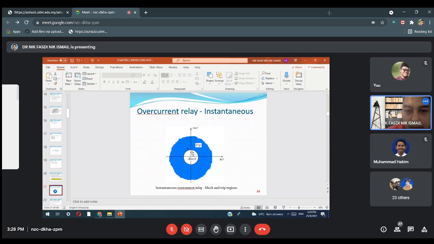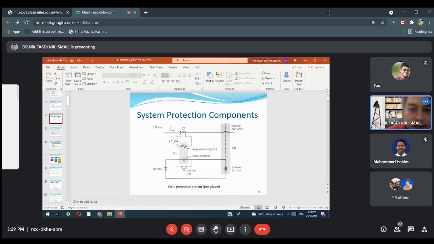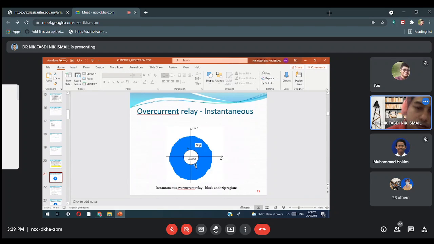So the relay does not trip. The overcurrent relay will not operate because the pickup current is greater than the I prime, the secondary relay current. Where exactly is the secondary? Let's go back to the circuit here. And this is the current. Okay. So this current must be greater than the pickup current that I mentioned earlier. So this is the diagram to show the region of operation for the overcurrent relay.